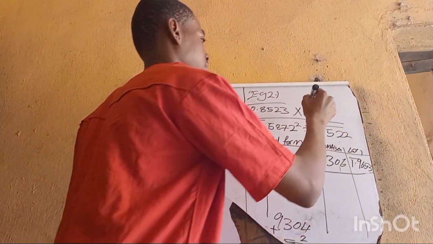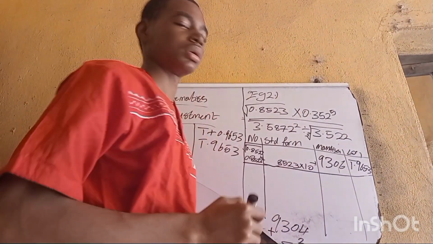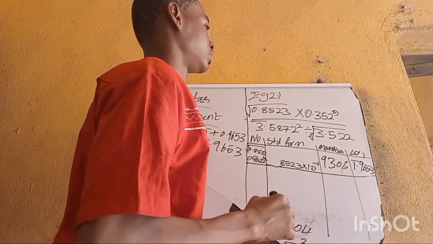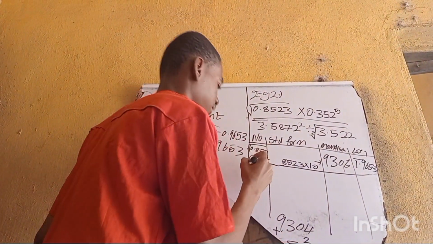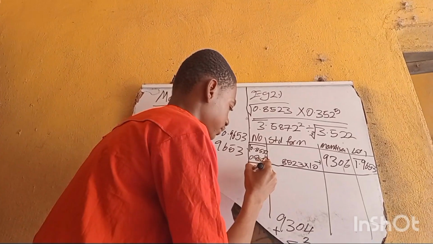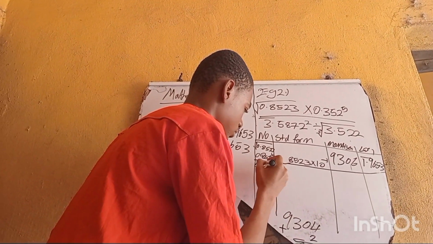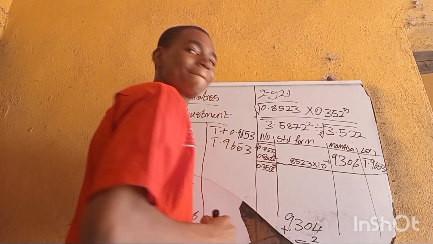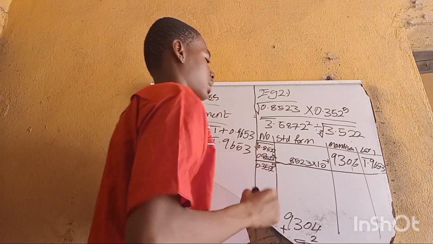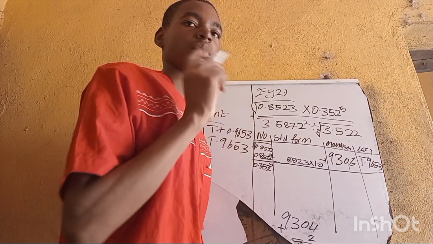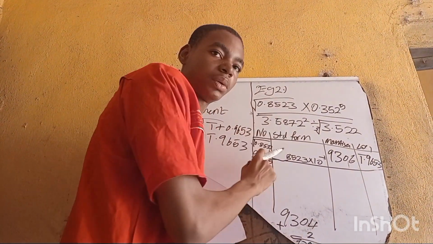Now, to find the logarithm of this number, 0.352 is to the power 5. Remember, for any number raised to the power of 5, you multiply the logarithm of the number by its power.